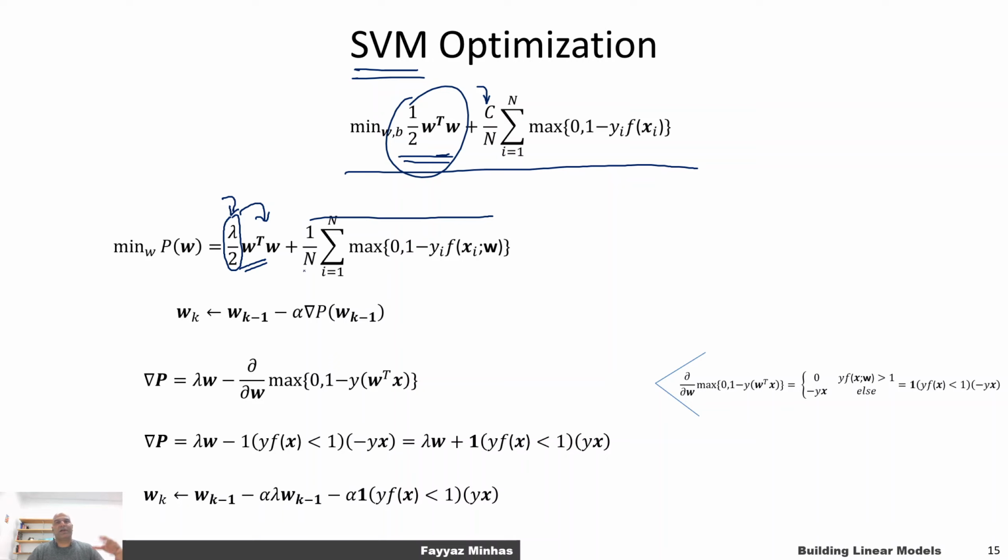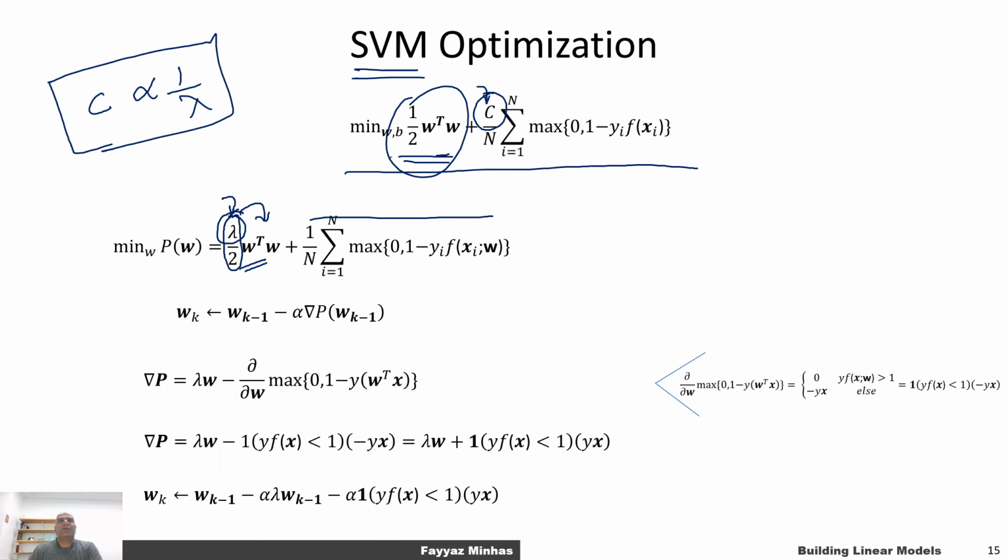So these are going to have the exact opposite effects, but they are logically very closely related. C is inversely proportional in its effect to lambda. So don't get yourself confused by this small change. Some books use the parameter C in the formulation of a support vector machine, and other books use a lambda with this W. Both of them are going to have a similar effect, but exactly opposite. I hope you understand that.